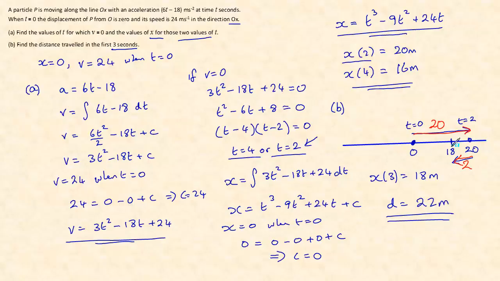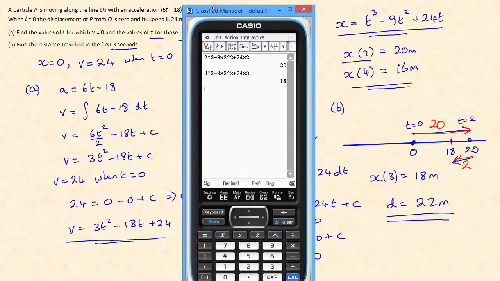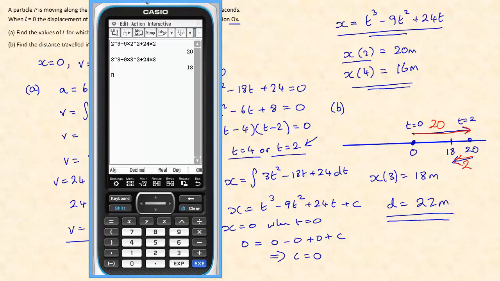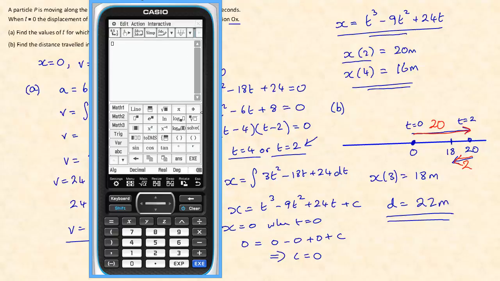Now I quite like to reason these out the way I've done here with the diagram, but you can do this on the calculator. Now I'll just clear everything that's here, just so that it's much clearer what we're doing. So I'm going to start by doing an integral, and I'm going to go from 0 to 3, and what I want to put in here is the velocity.